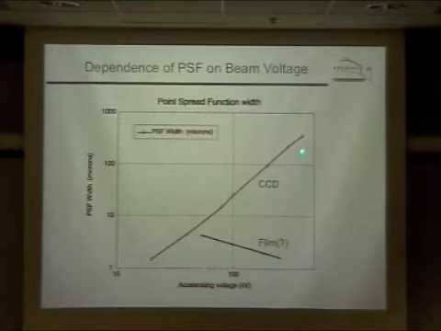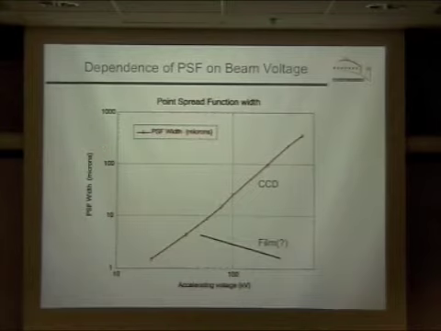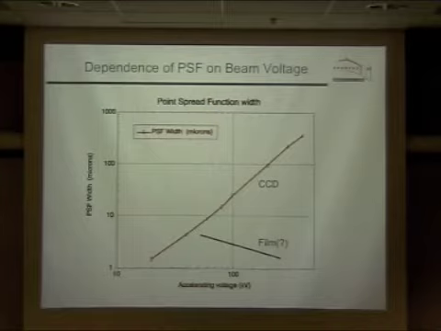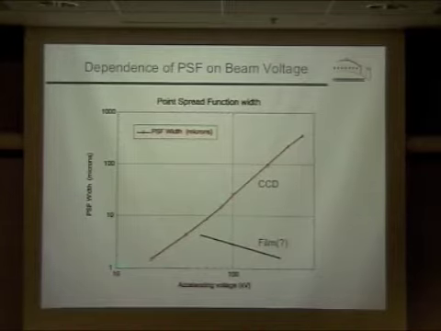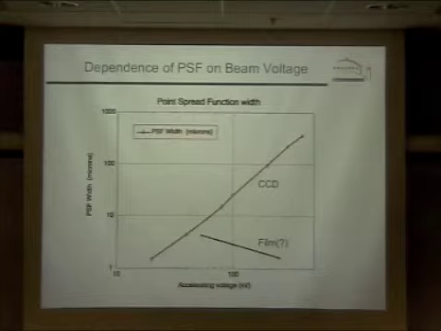When we get up to 400 kV, we're up about a factor of 10. What that means is our resolution in the scintillator has gone down by about a factor of 10, going from 100 to 400 kV. Of course, if you go the other way down to 20 kV, the point spread function would be about a micron and a half. But who could get there?